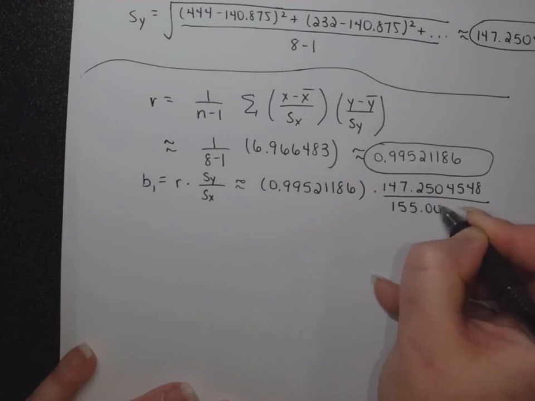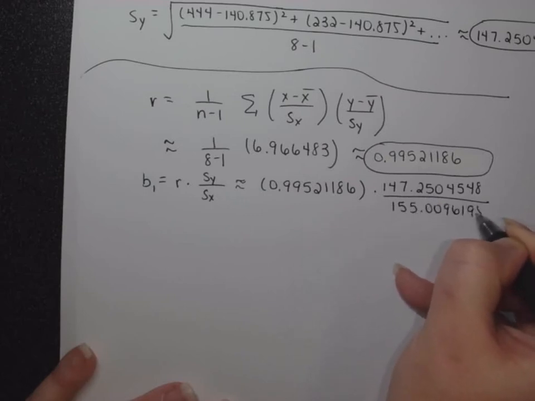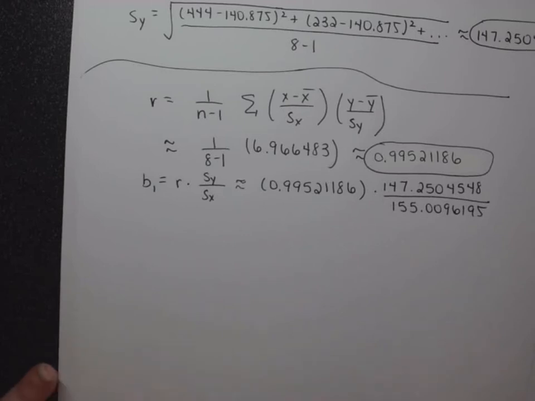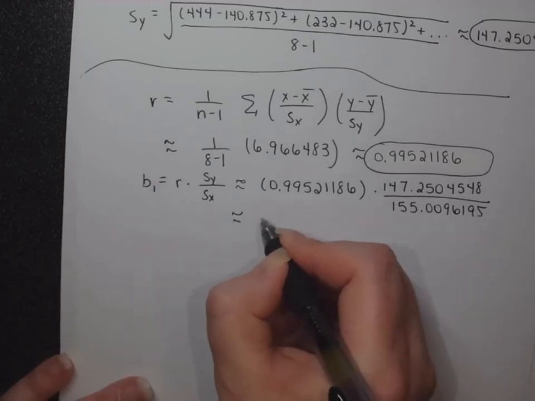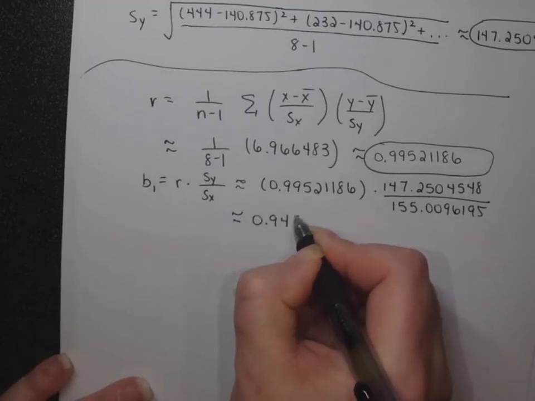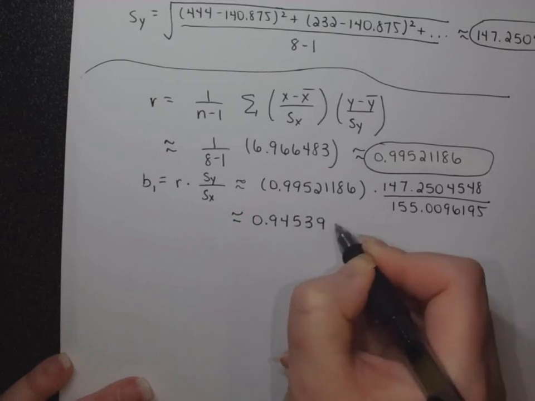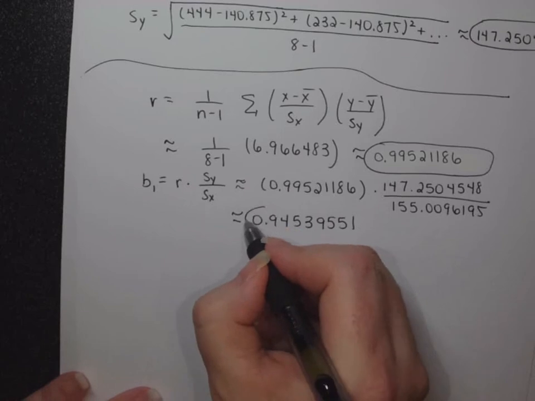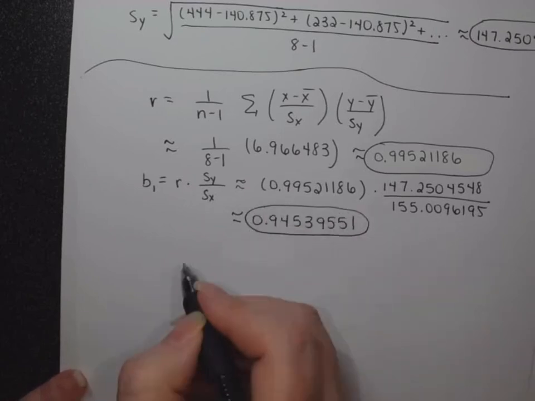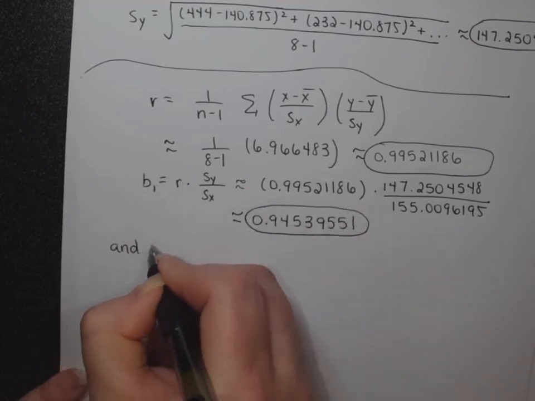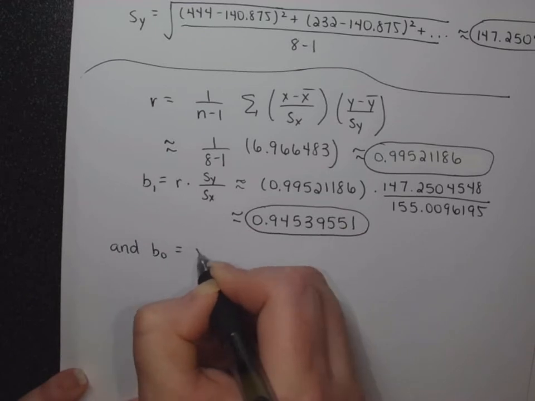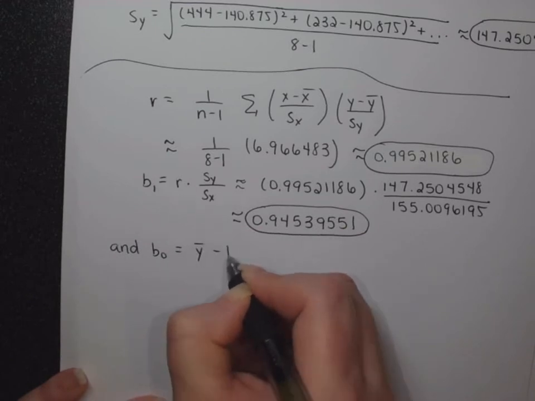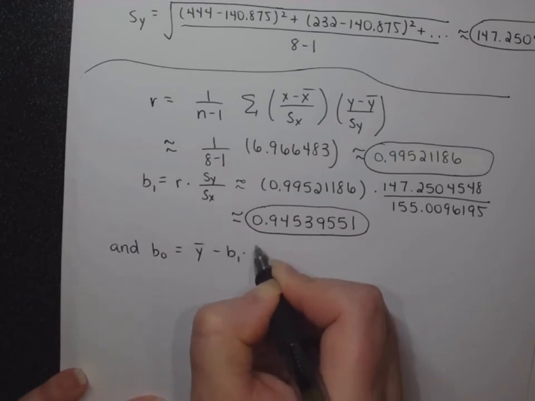So now I'm just putting the values that I found up top. And if you work that out, that's where I got the 0.945395551. And so now I can use that to find b sub 0. Remember, the formula for that is y average minus b sub 1 times x average.